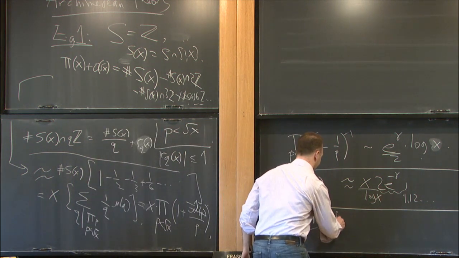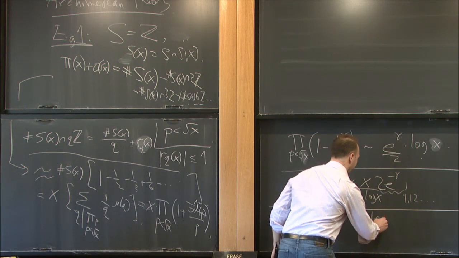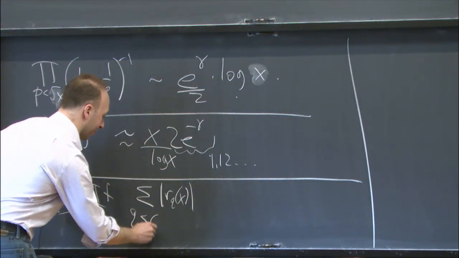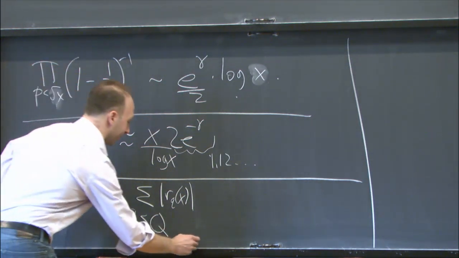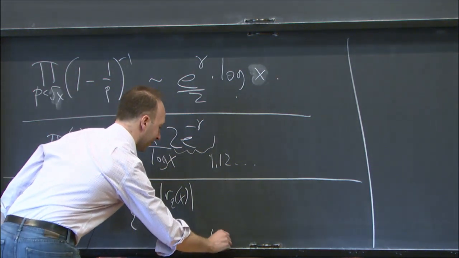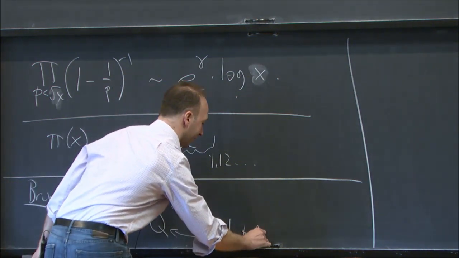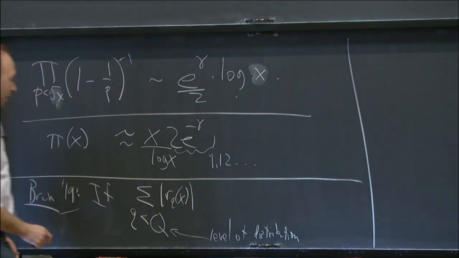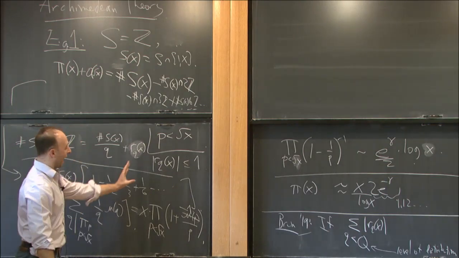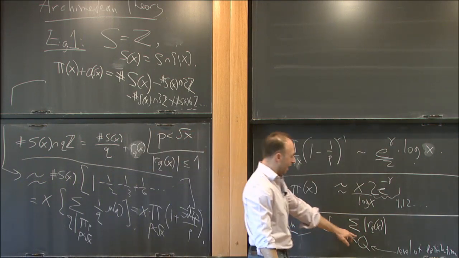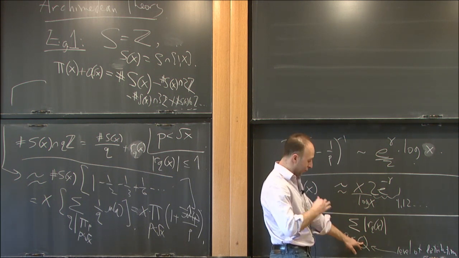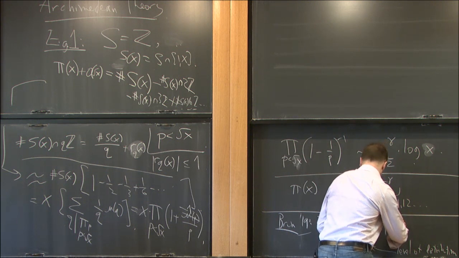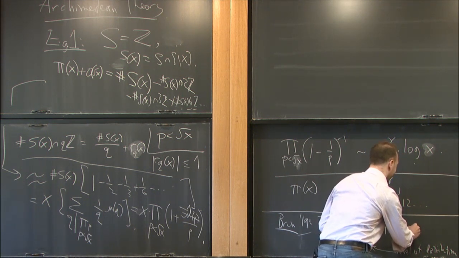So if these remainder terms, when you add them up to some number called q, this is called the level. This is the level of distribution of your sequence. So when you add up these remainders and you stop where you truncate how large a remainder you're going to add up, if this is, don't look, I'll just write little o.